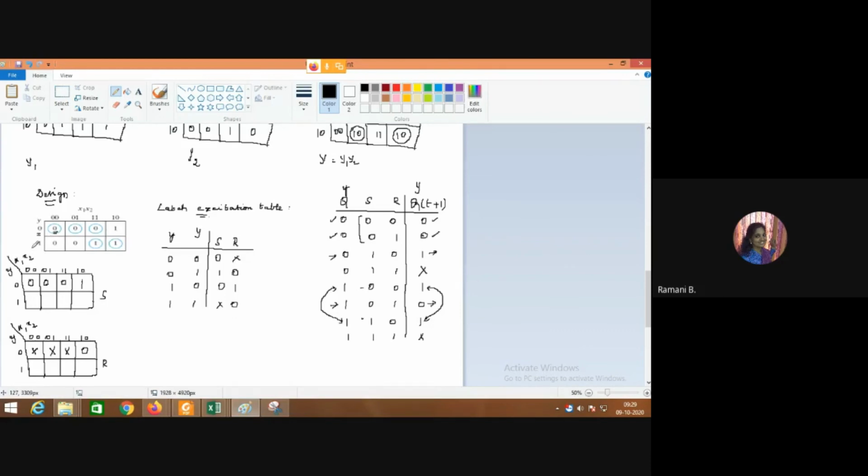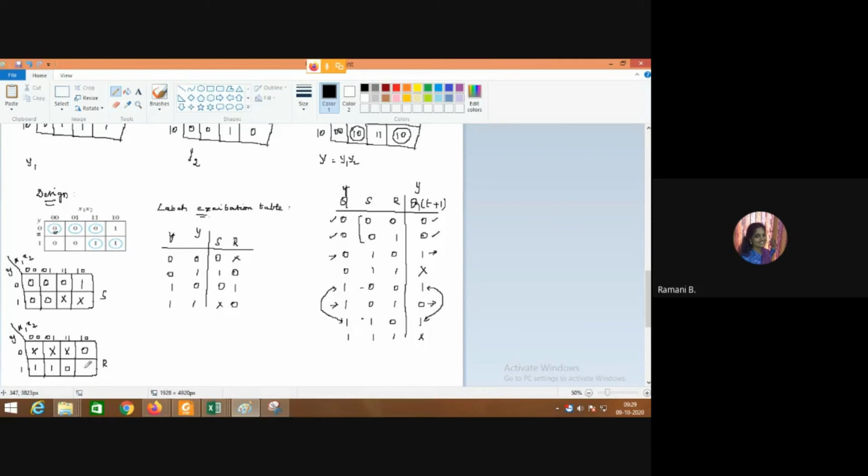Next, for 1, 0, small y is 1, capital Y is 0. So the third condition: S value is 0 and R is 1. So S equal to 0, R equal to 1. These two are the same values. Next, we have small y and capital Y both 1. So it is don't care and 0: S is equal to don't care and R equal to 0.